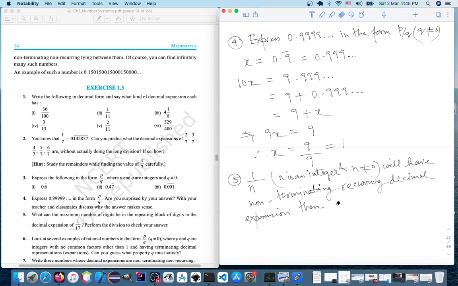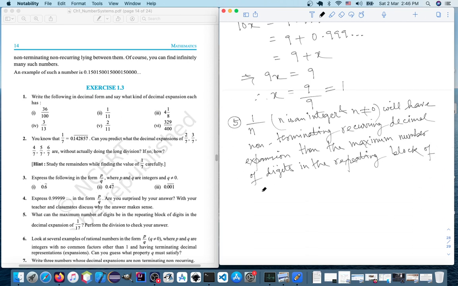then the maximum number of digits in the repeating block of digits in the decimal expansion.